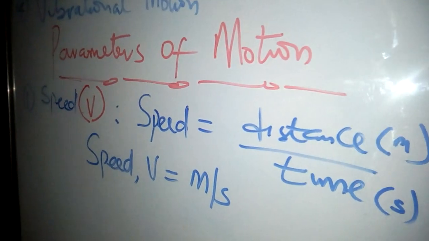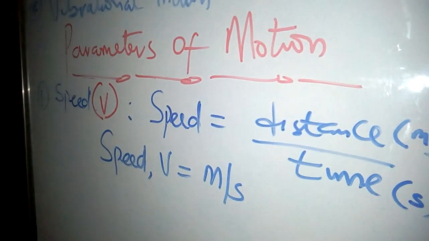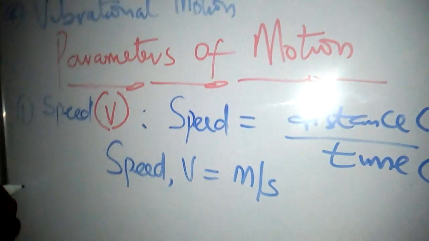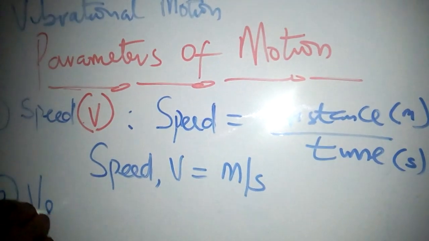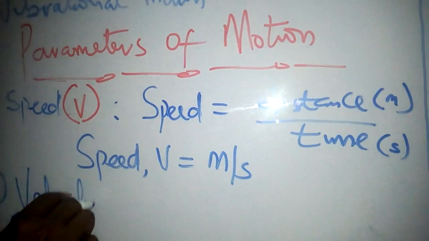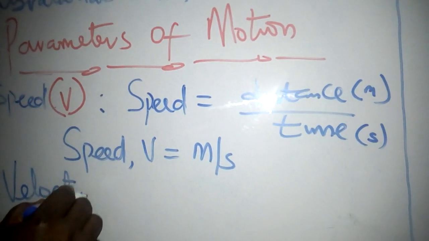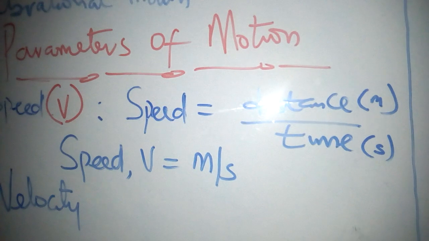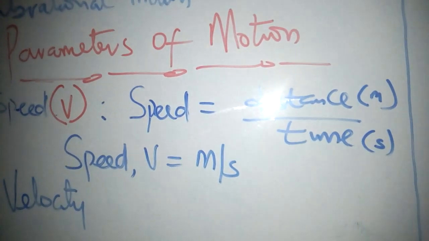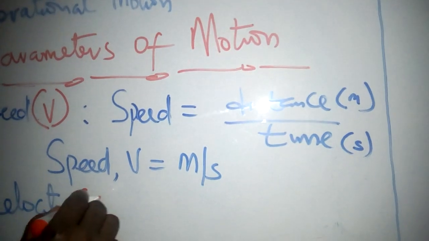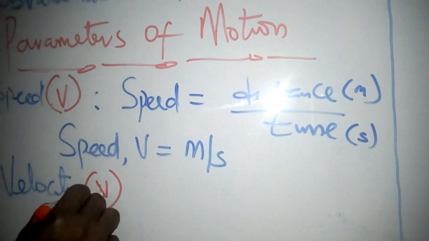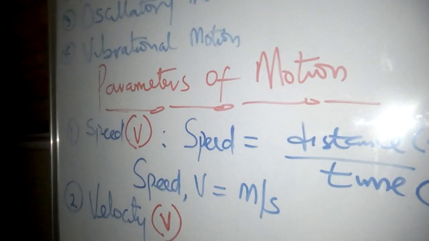Then another parameter used in describing motion is velocity. It's denoted by v.